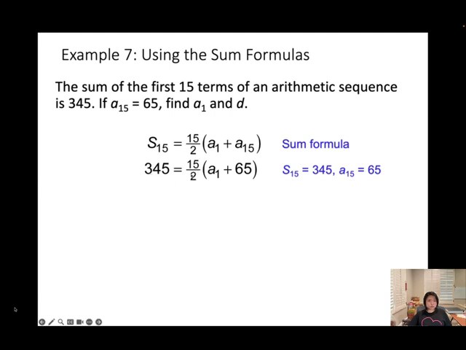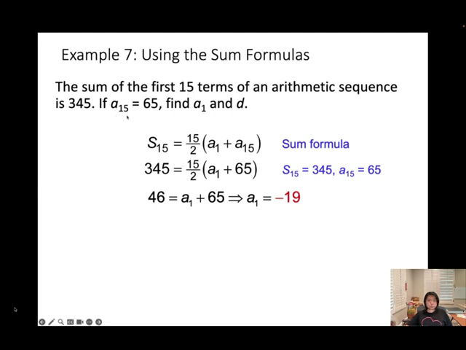Okay, here you're going to multiply by 2 for both sides, divide by 15 for both sides, and then subtract the 65. You should get negative 19. And then we want to find the D, the common difference.